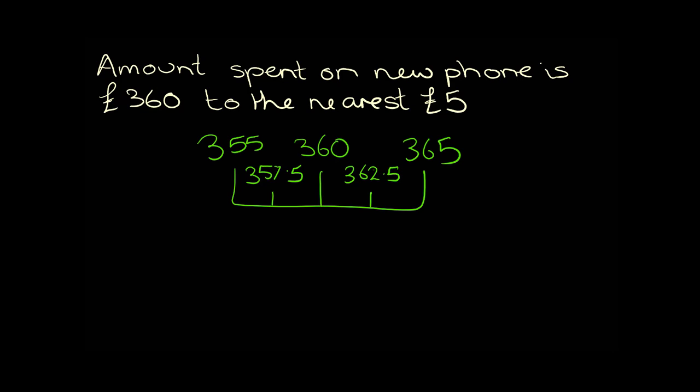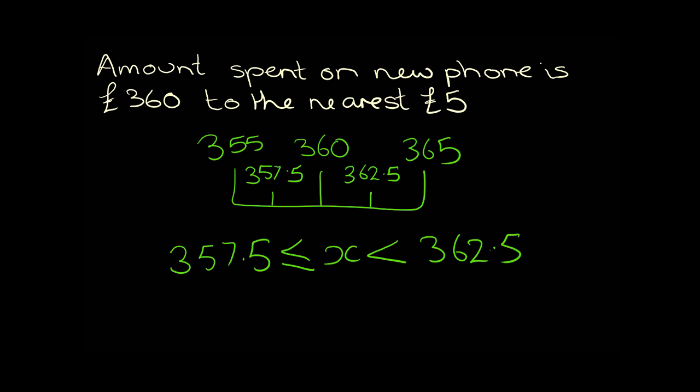So our error interval will look like this, with 357.5 being less than or equal to x, which is less than 362.5. Now I've been a bit naughty there because this is money, so really I should have put that. Because it's money, we want those zeros on the end, because that's how we write money.